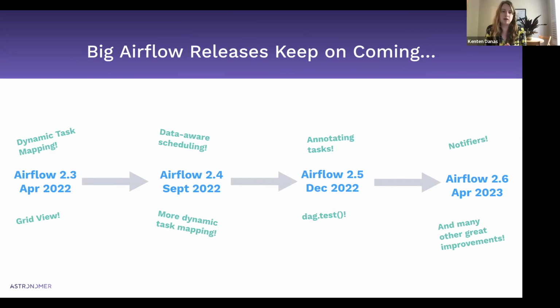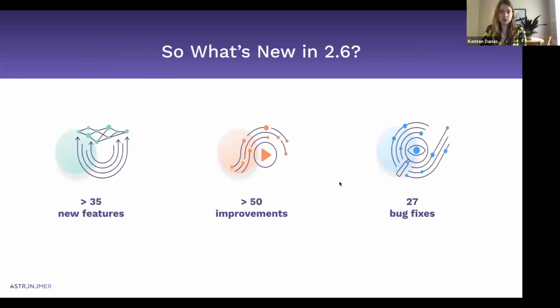Just in the last year, we've had at least 4 minor releases now, and those have included huge new features that really change the game with what you can do with Airflow. So included things like data-aware scheduling, dynamic task mapping, task annotations, the DAG.test command, lots and lots of great stuff. So this is a great reason to keep your Airflow up to date and take advantage of everything. So today, we're just going to focus on what's new in this 2.6 release.